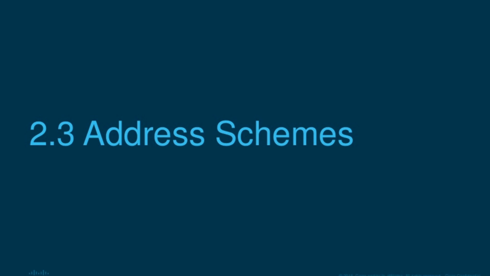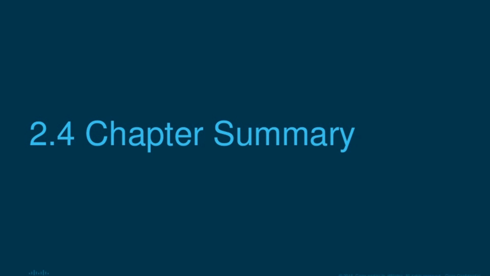So, let's go to the chapter summary. In this Chapter 2, it explained the features and functions of the Cisco IOS software, and how to configure initial settings on a network device using Cisco IOS software.